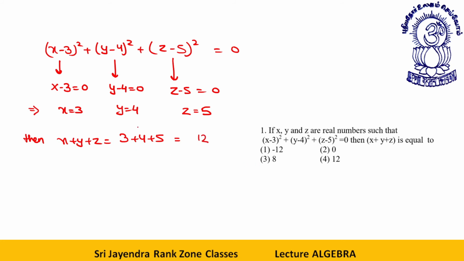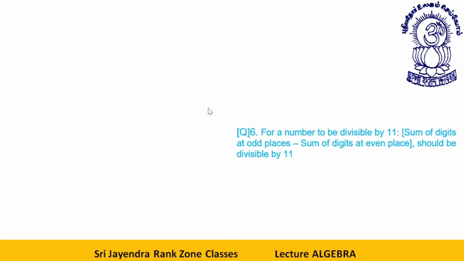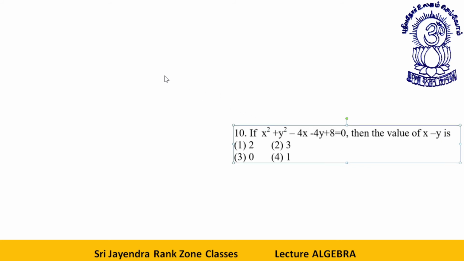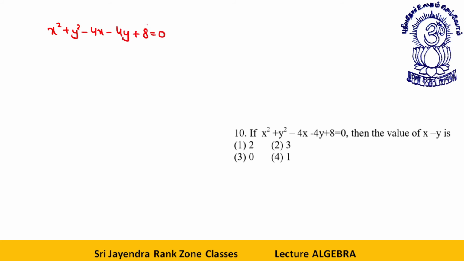Okay, dear students, let's take one more. The next question is, we have to find the value of x minus y given x square plus y square minus 4x minus 4y plus 8 is equal to 0.